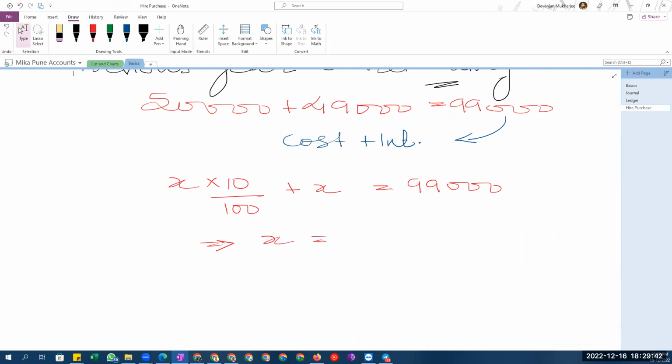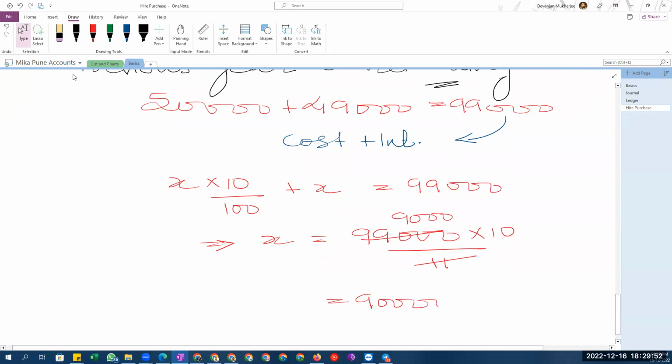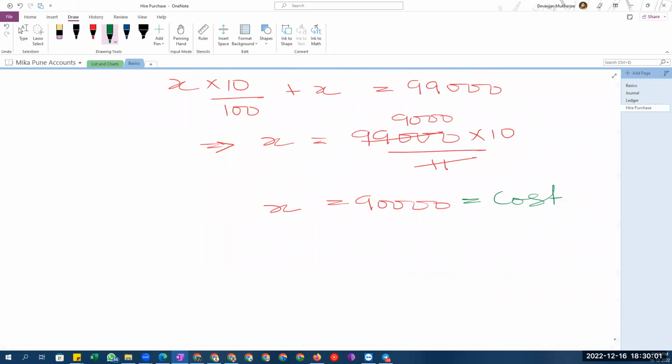X is equal to 99,000 into 10 by 11. 11 nines are 99, so 9,000, meaning 90,000. X is equal to 90,000, which is equal to the cost, and 9,000 is the interest. Year 2 interest is 9,000.